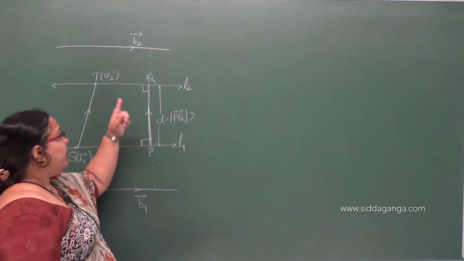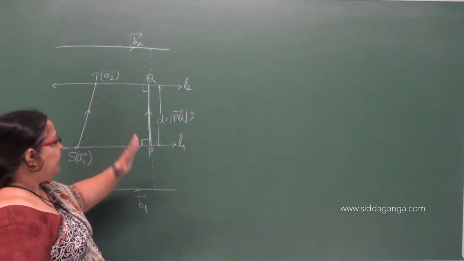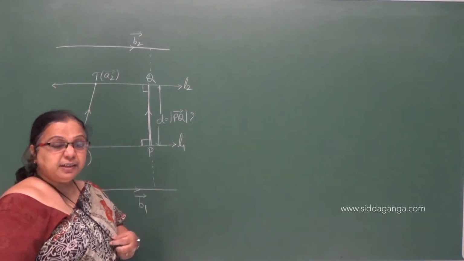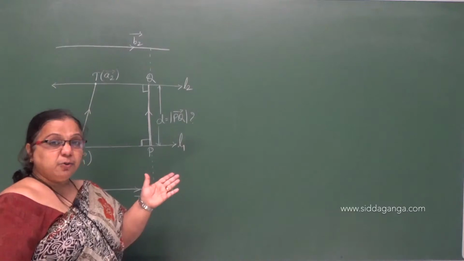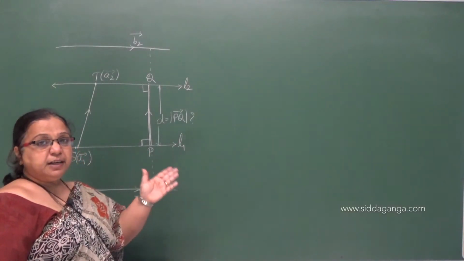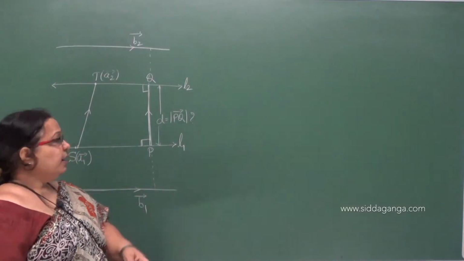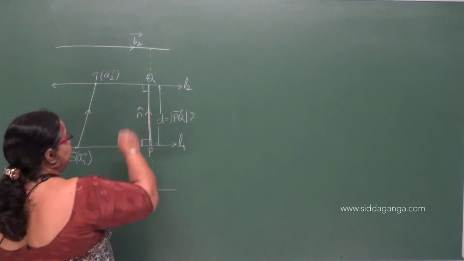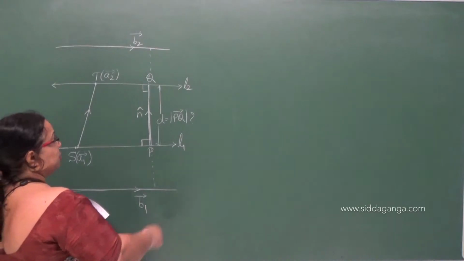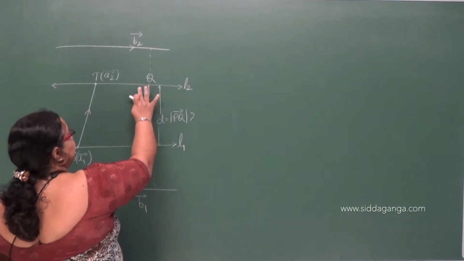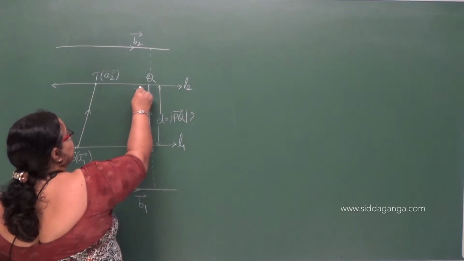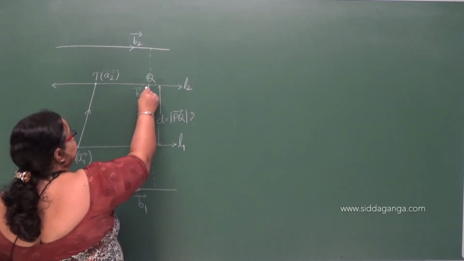ಹೌದಾ? PQ vector ಯಾವುದು perpendicular ಇದೆ? B1 ಮತ್ತೆ B2. B1 ಮತ್ತೆ B2 ವೆಕ್ಟರಿಗೆ perpendicular ಆಗಿರುವಂತ ವೆಕ್ಟರ್ ಯಾವುದು? B1 cross B2. Along this direction you take n cap as the unit vector. So now this is a vector, and this is B1 cross B2 vector.